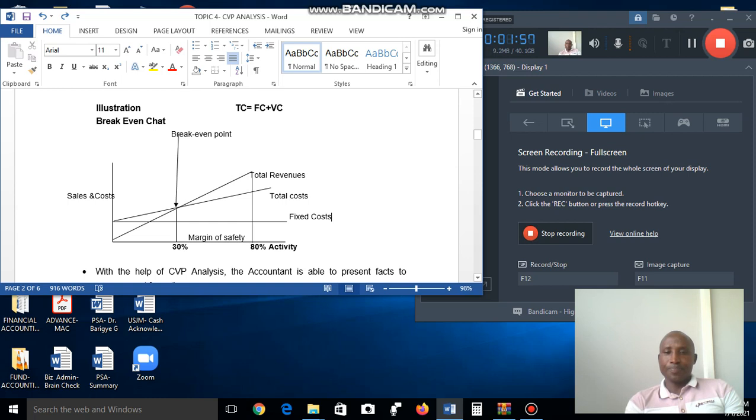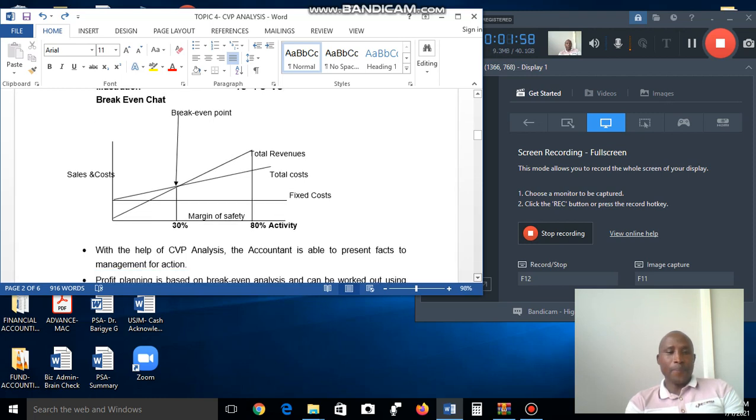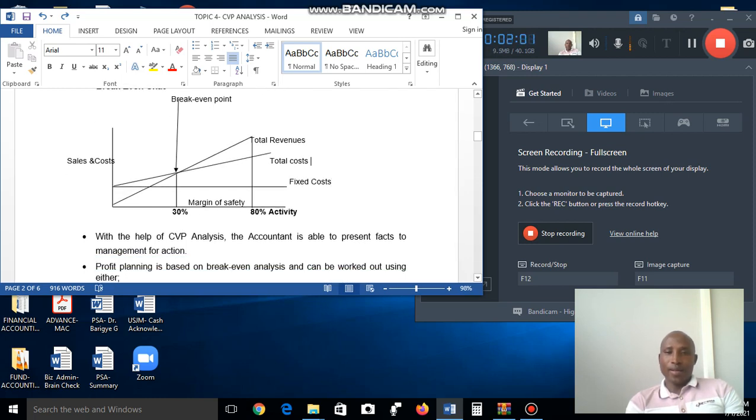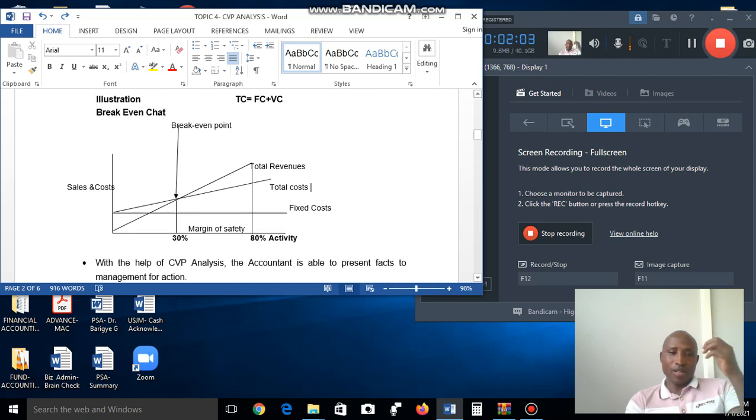So now, because I want to make more explanation, the break-even point, you need to understand this one. The break-even point is here, or it is a point where the total revenue curve cuts the total cost curve.